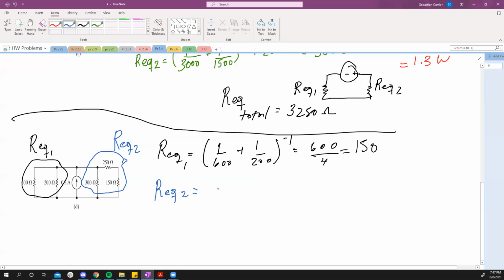We can expand this, so it's gonna be this way. So 1/400.